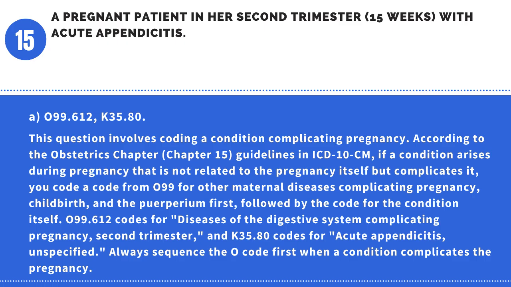O99.612 codes for diseases of the digestive system complicating pregnancy, second trimester, and K35.80 codes for acute appendicitis, unspecified. Always sequence the O code first when a condition complicates the pregnancy.